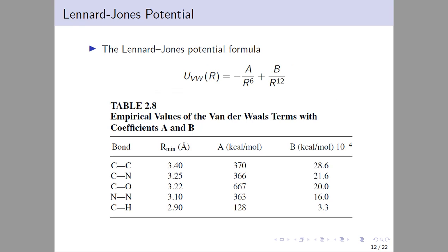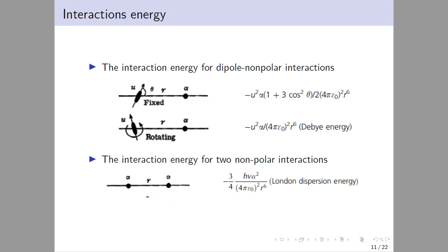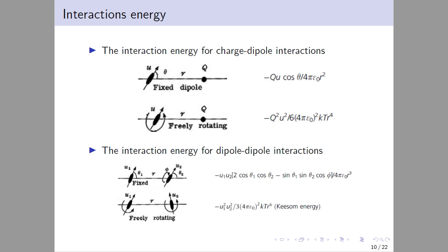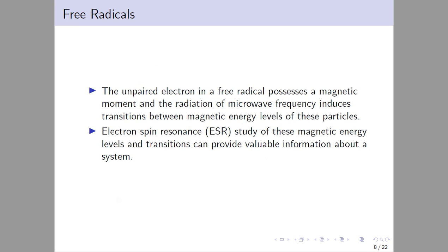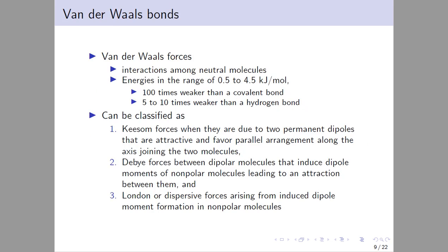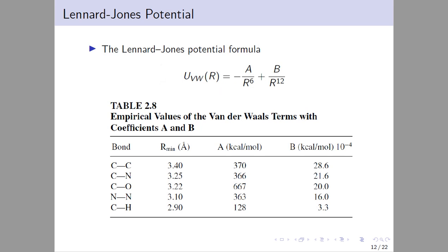So next is the Lennard-Jones potential. If we put all these together, the van der Waals force, the free radical, the ionic interaction, the covalent bond, we arrive at the Lennard-Jones potential.